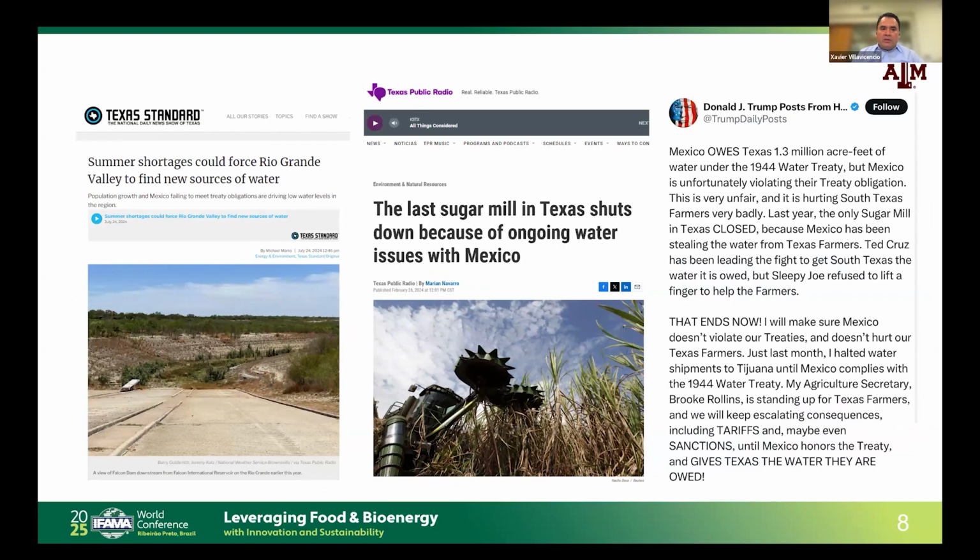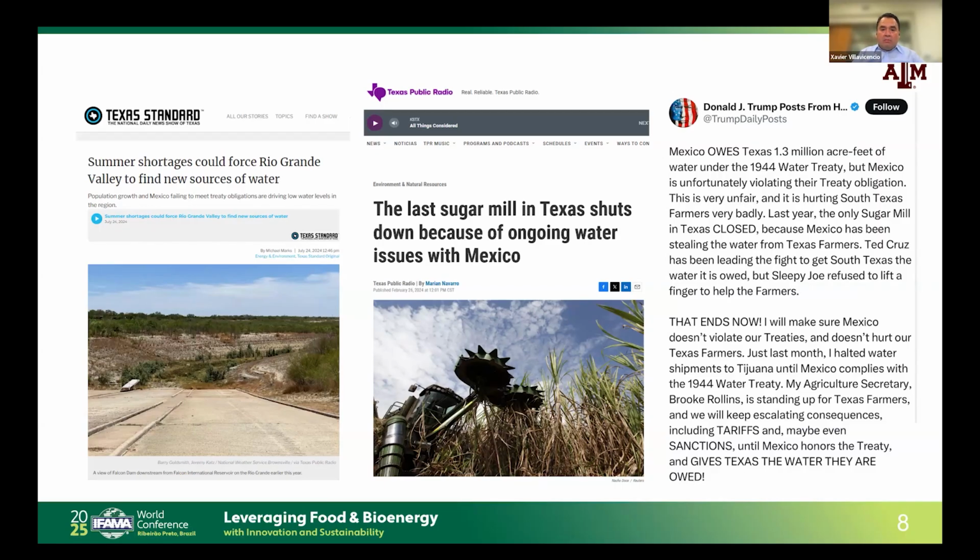Because of the shortage of water, as you can see in this picture, one of these reservoirs, the Falcon Reservoir, was basically empty 1 year ago. This was a very critical situation, so there was basically no water for agriculture, and this happened last year. There was a sugar mill here in Texas, the last sugar mill in South Texas.